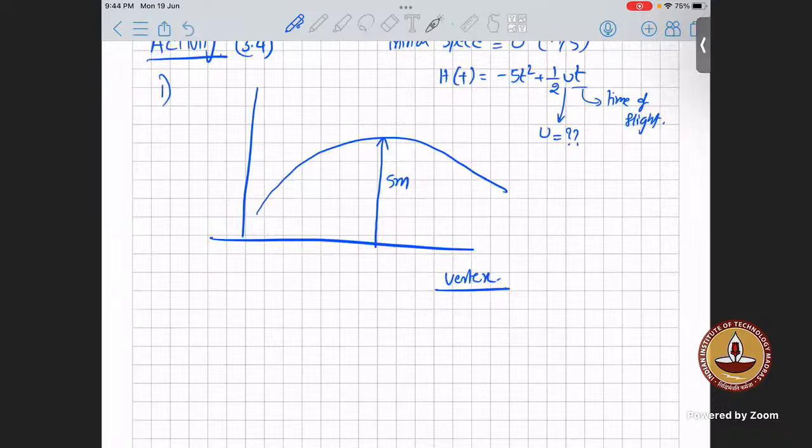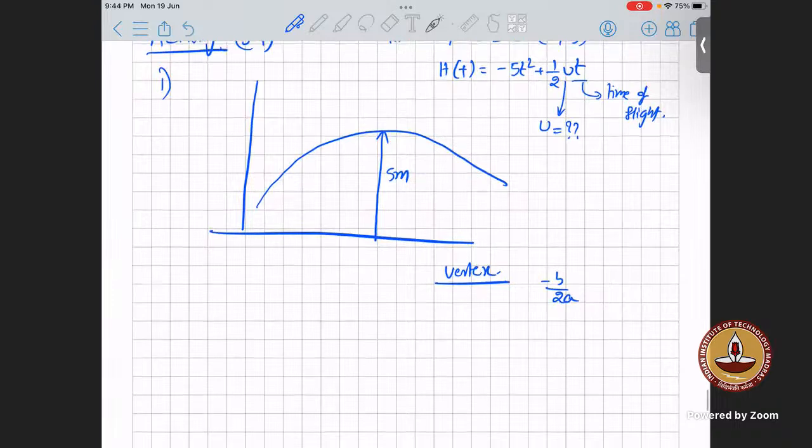What is the coordinate of the vertex? Minus b by 2a. Why? Look, h of t is equal to minus 5t square plus 1 by 2 ut.